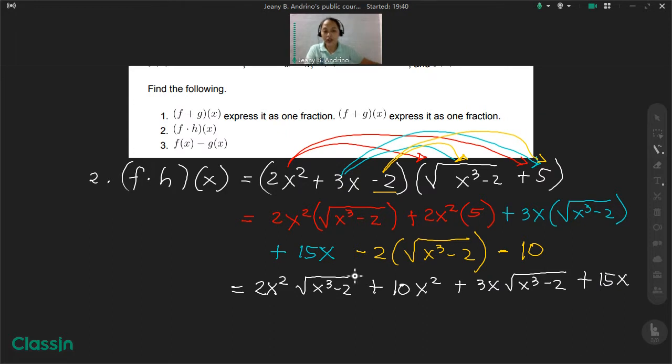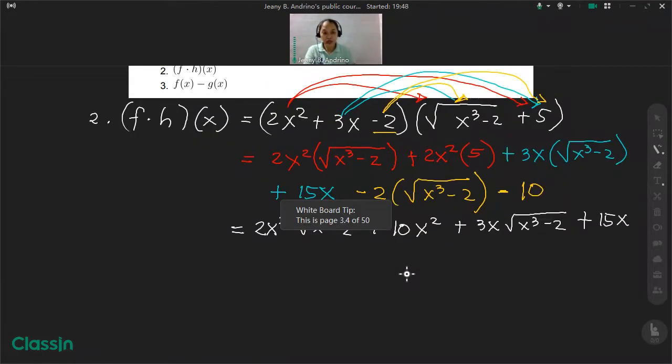And the next one is negative 2 times square root of x cubed minus 2. So again, when you multiply a radical expression to a number, you just have to simply copy that number and then place it beside your radical expression. So we just simply copy that one and then we simply copy minus 10.